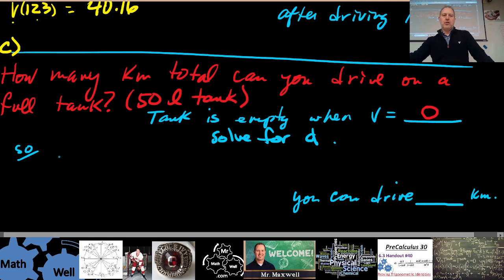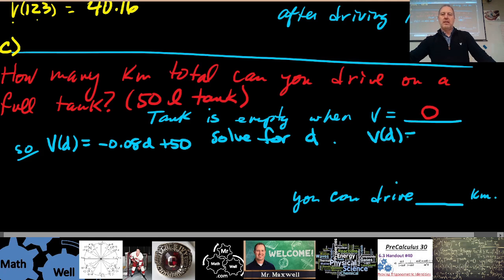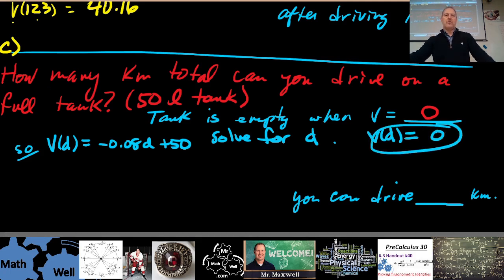Okay, so with the function notation now, this is my original equation. V of D was negative 0.08 D plus 50. So I have to let V of D equal 0. This is going to be very important.